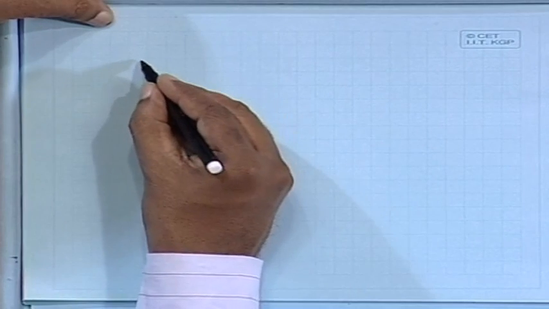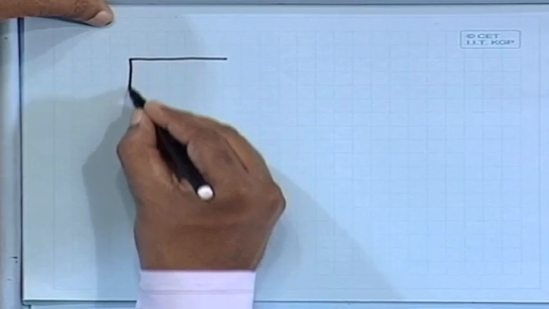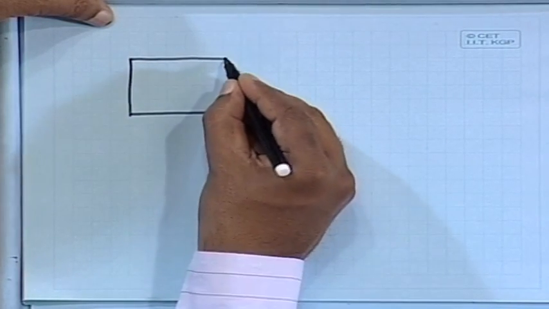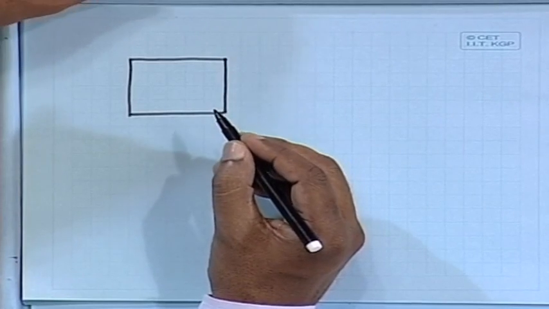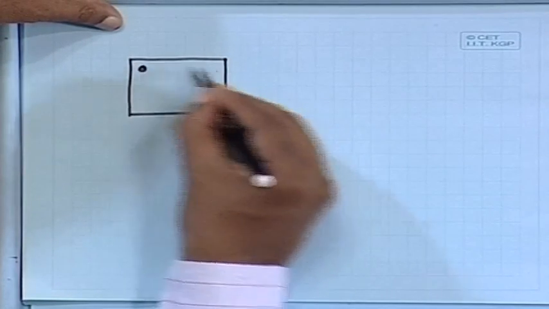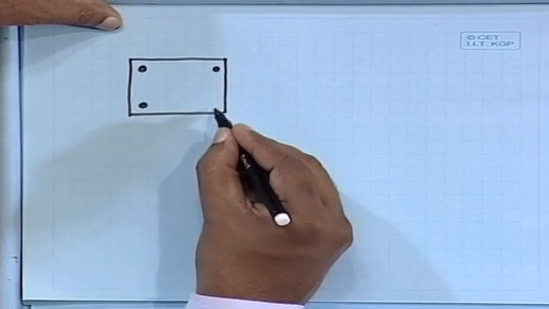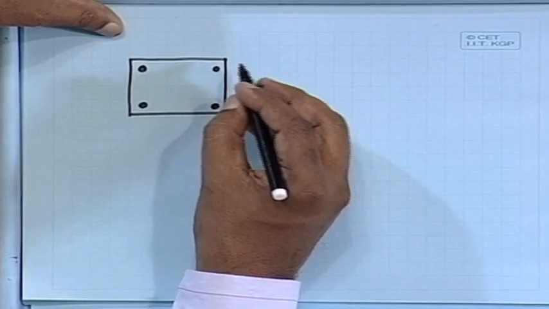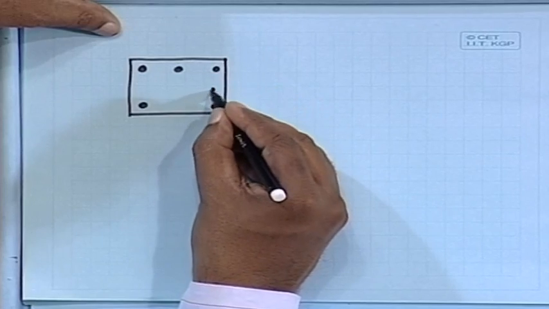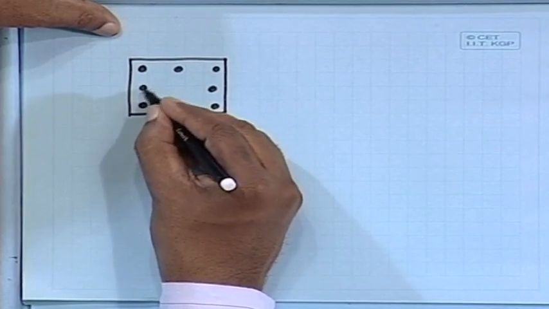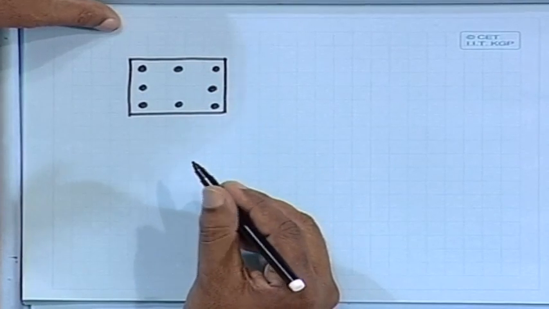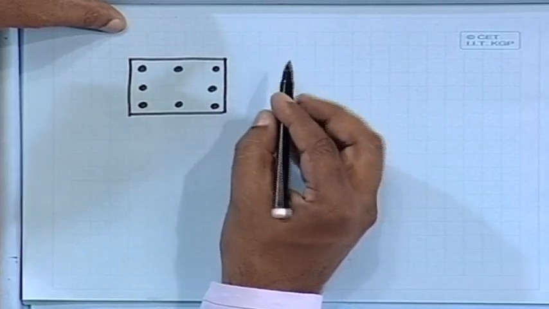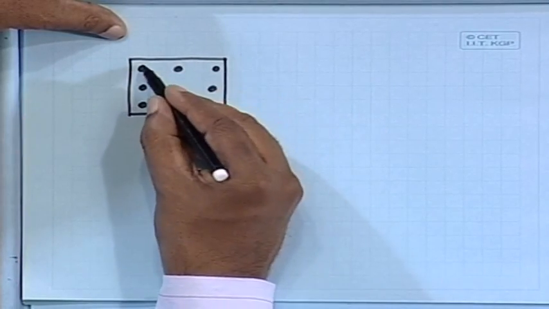We have to provide one say cross section like this, and we have provided 8 bars in 8 corners. First we have to provide, and since it is axially loaded, we can provide in all 4 sides, and we can provide here the tie.